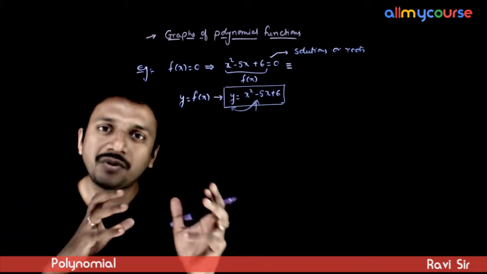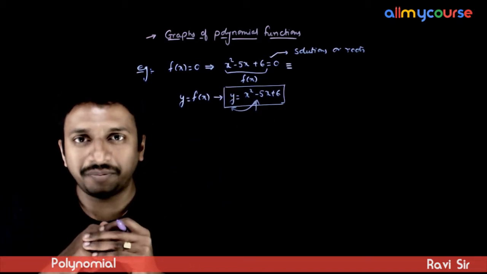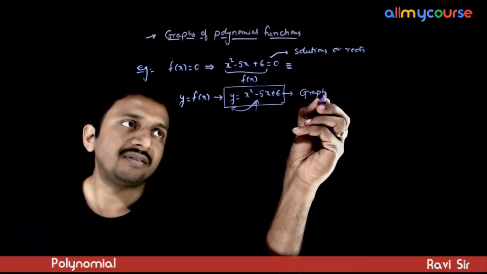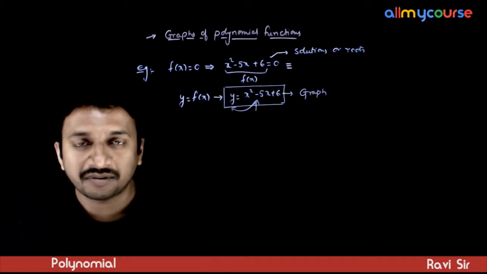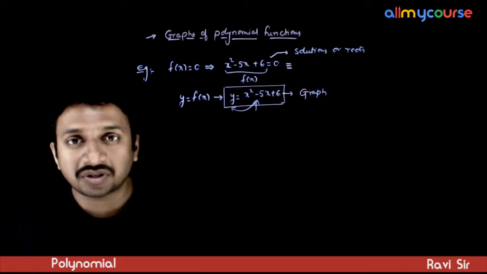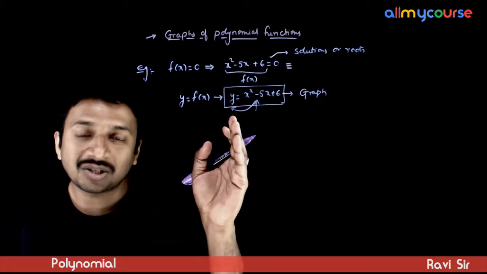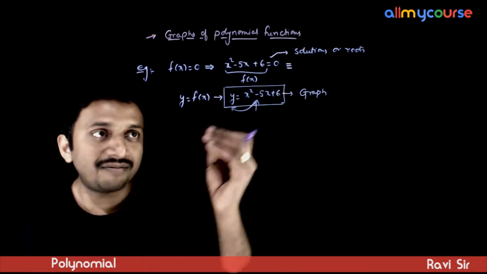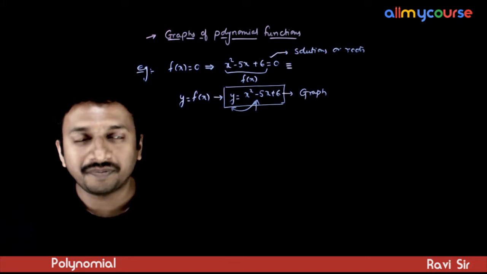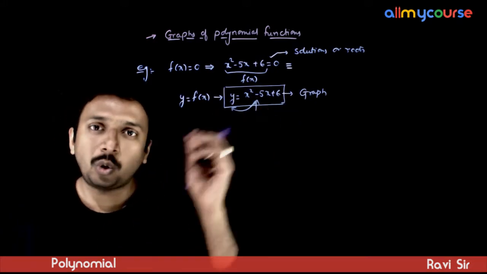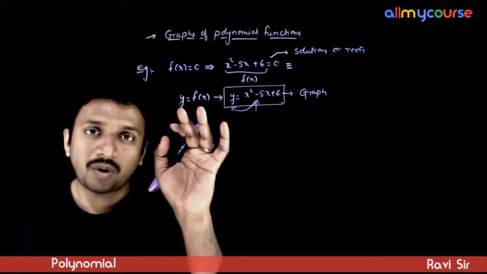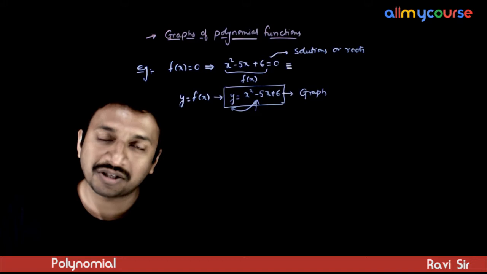So a function has a graph. An equation does not have a graph. An equation has a solution. An equation has roots. A function does not need to be solved. A function corresponds to a graph, and f of x is equal to 0 is an equation, y is equal to f of x is a function.